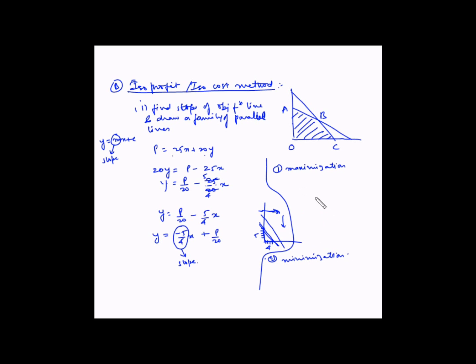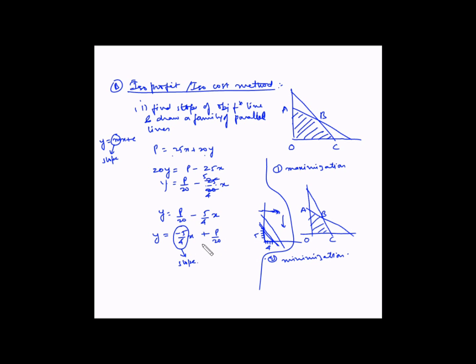So for maximization, let's say this is the graph and these are the two constraints, and let's say this is the feasible solution region A, B, C, and O.